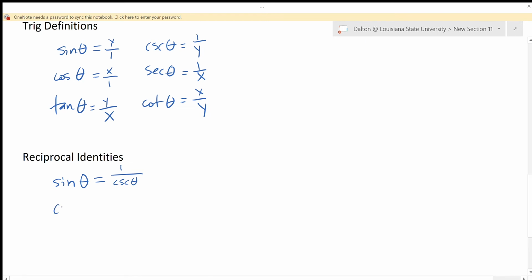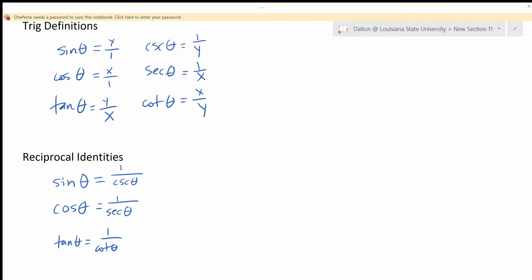Similarly, cosine of theta can be defined as what? Very good. 1 over secant of theta. And then the tangent of theta can be defined as 1 over cotangent of theta. And then the other 3 can be flipped as well.